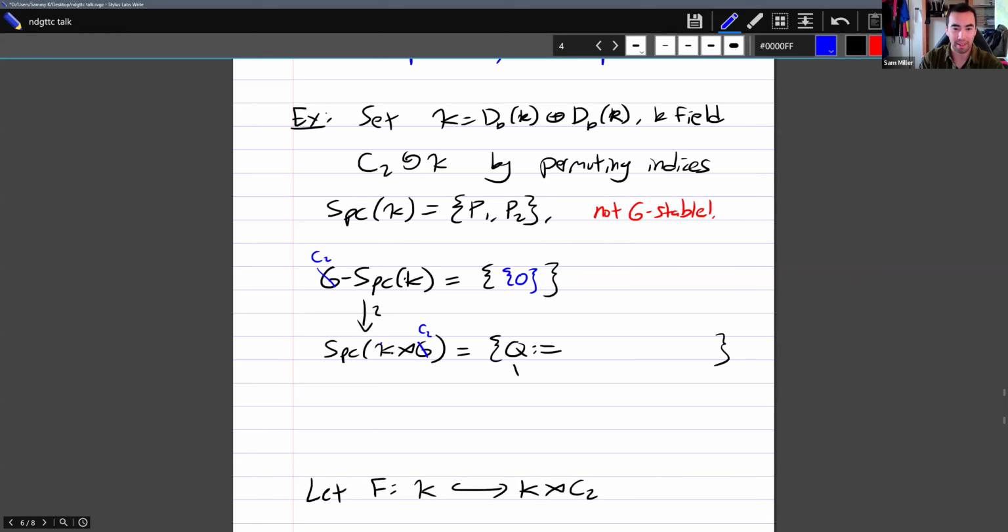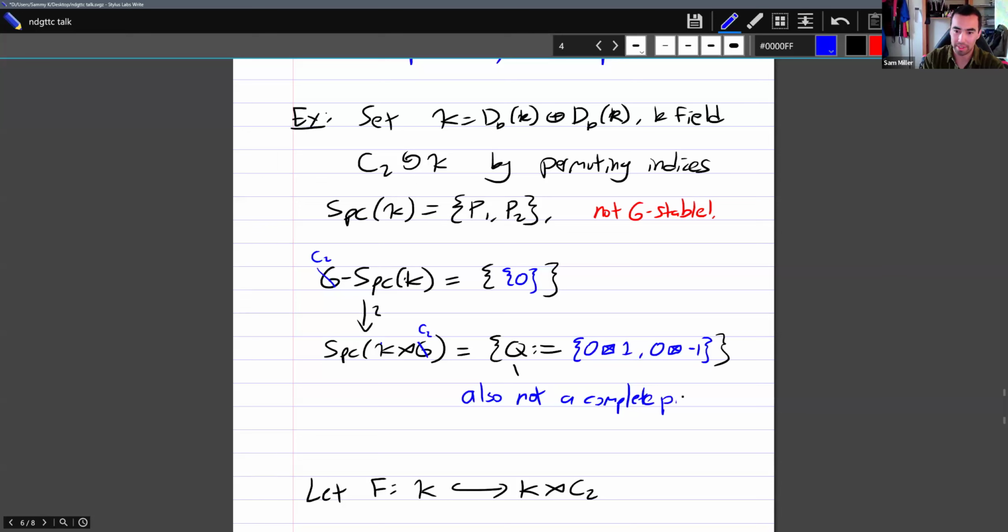And so in this case, spec of K cross G will be two things: 0 tensor 1, and 0 tensor -1. And this is because this is not a prime, it is necessarily not a complete prime, since complete primes are primes, and therefore this is also not a complete prime.